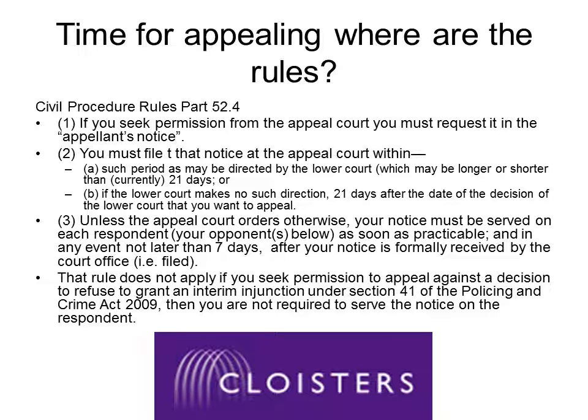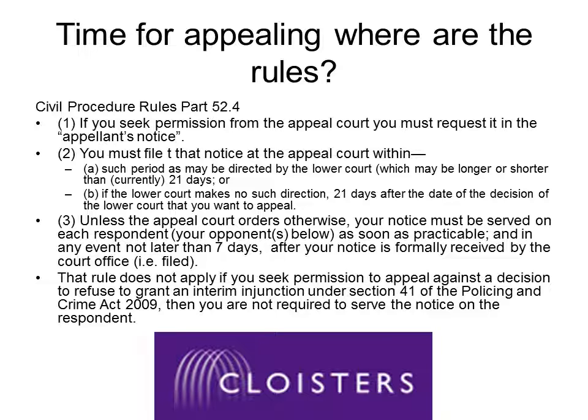Unless the appellate court tells you otherwise, the notice has to be served on every respondent, so those are your opponents below, as soon as practicable, and in any event not later than 7 days after your notice is formally received by the court office, so after you've filed it with the court.